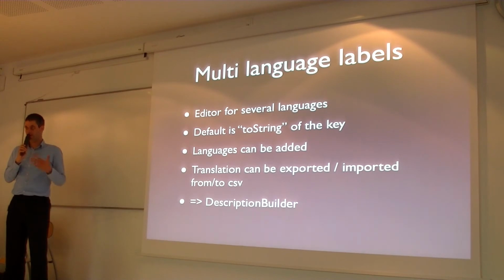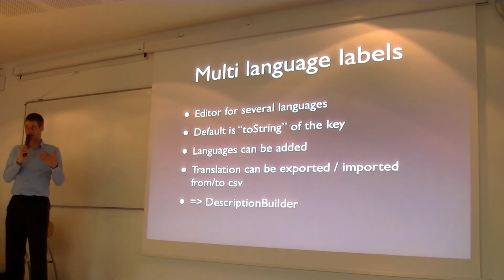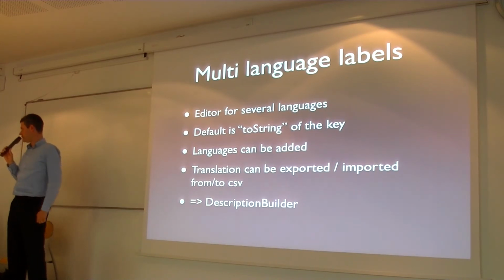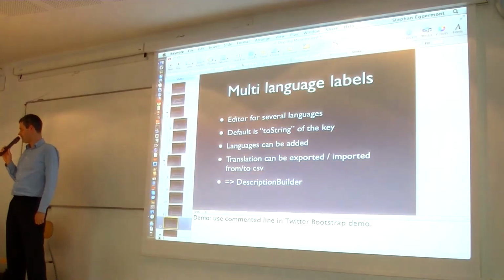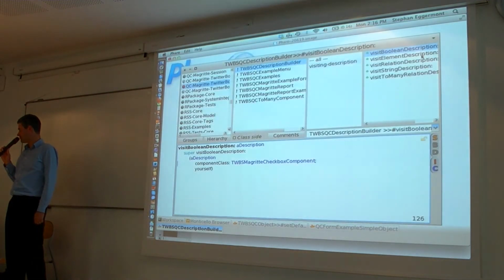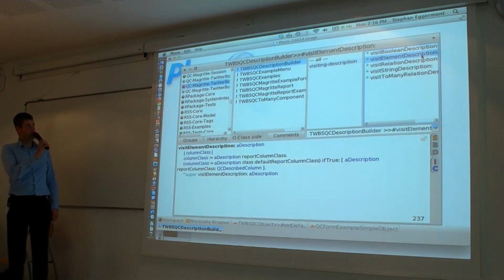So when you have decent keys, you hardly notice anything about it. But you can add languages and you can add translations, and translations can then be exported. So when we go back to the code, there's only one line you need to change to allow for multiple languages, which is in the model, the second browser.